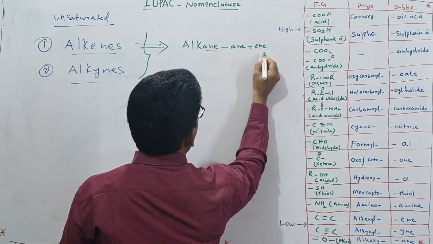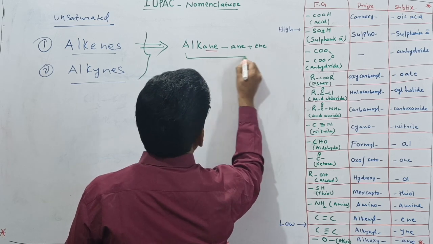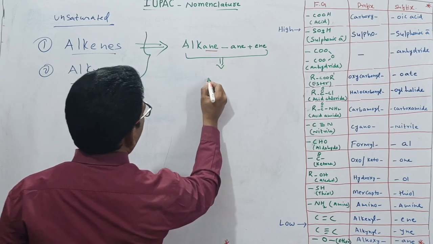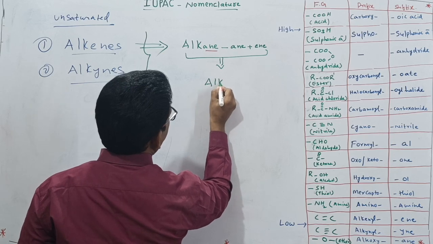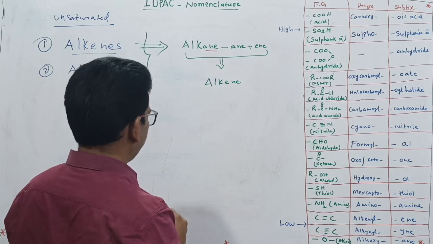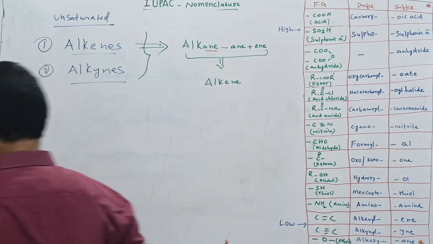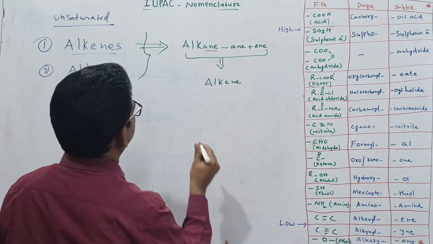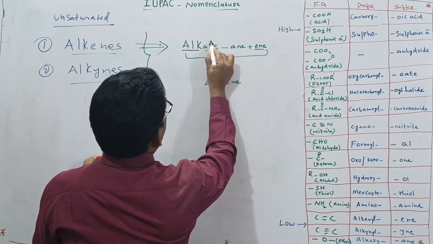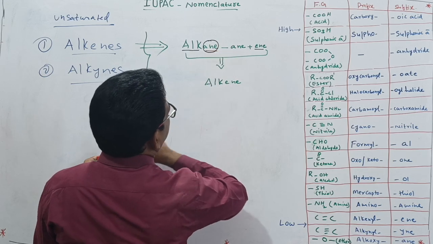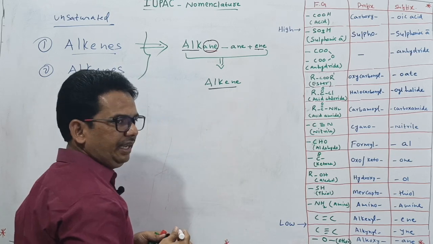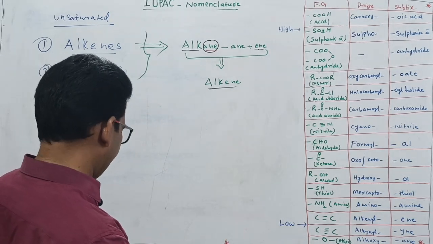Then what will it become? Alkene. What are we choosing here? Alk plus ene, because here we are removing this ane, and ane is replaced with ene. That's why it is called alkene.